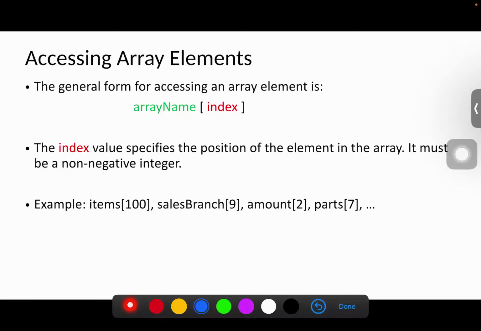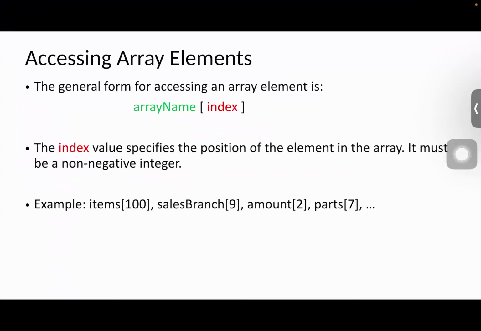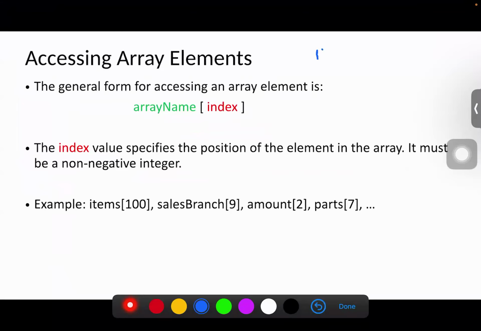Maybe the array is called items. All you need to do is write the number or the position of the thing you want to see. So you want to see 551. All you need to do is to follow this format.